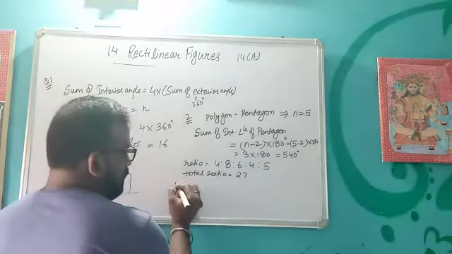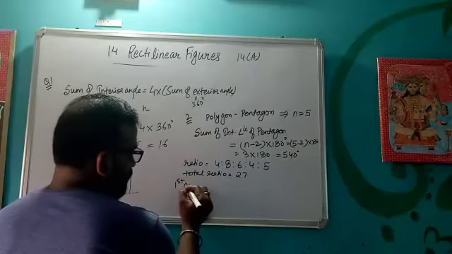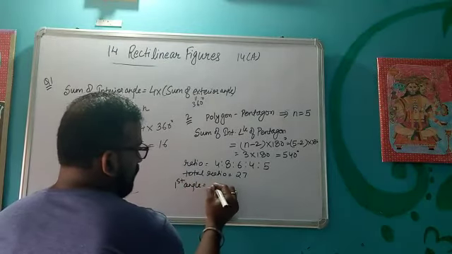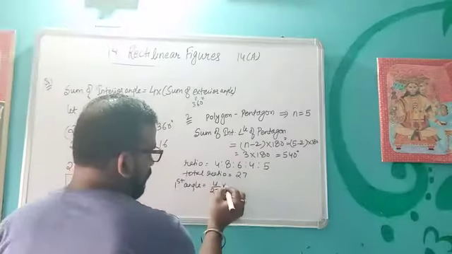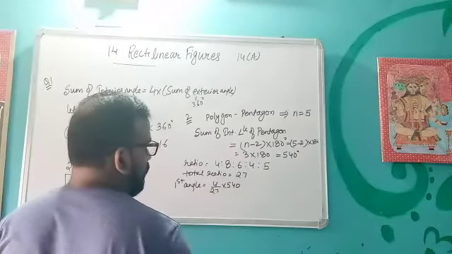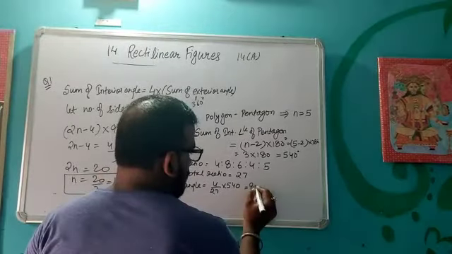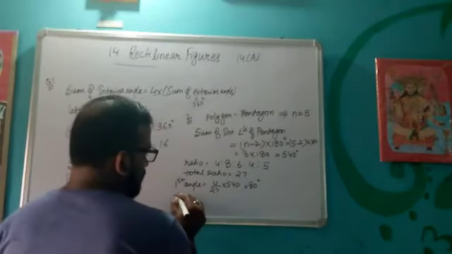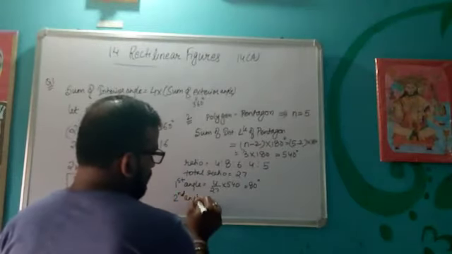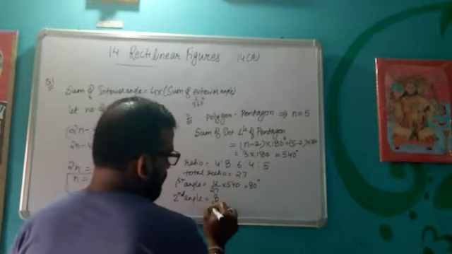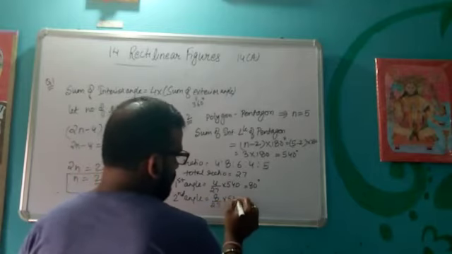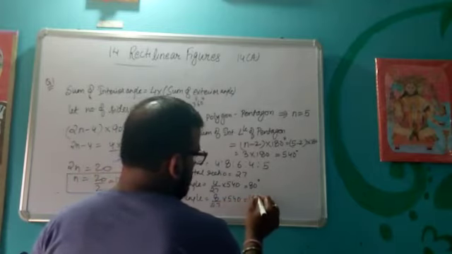So we will use the concept of ratio, that is, the first angle will be 4 upon 27 into 540, that is 80 degrees. Then the second angle is how much? 8 upon 27 into 540, that is 160 degrees.